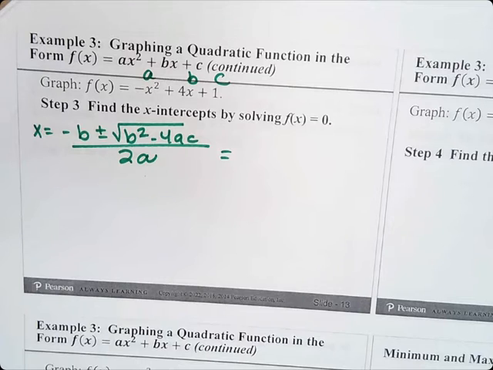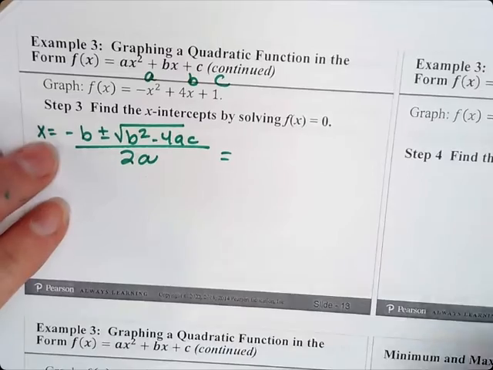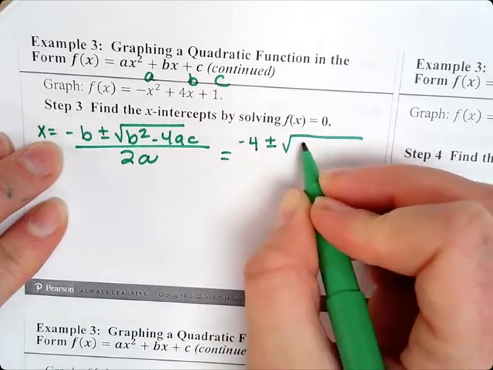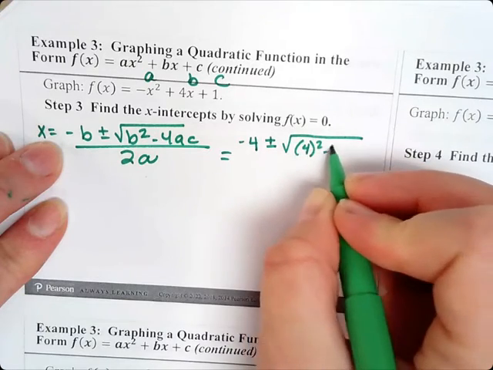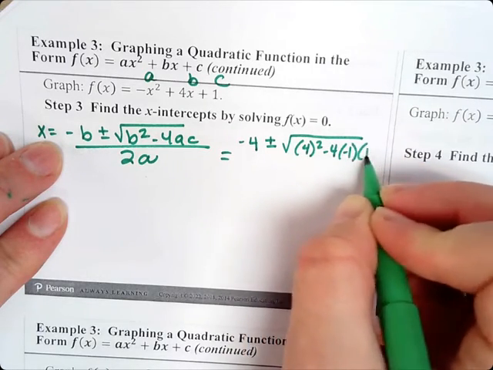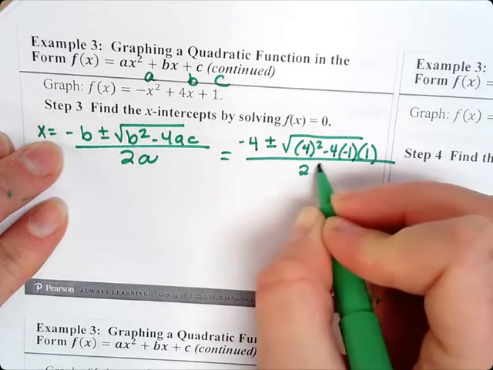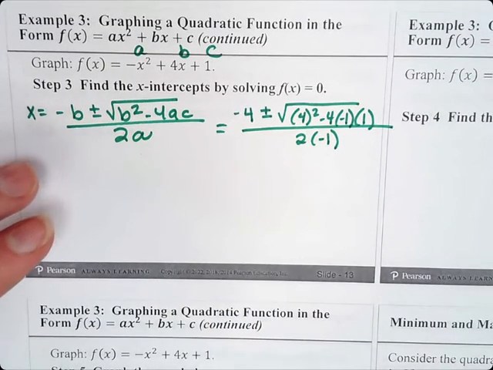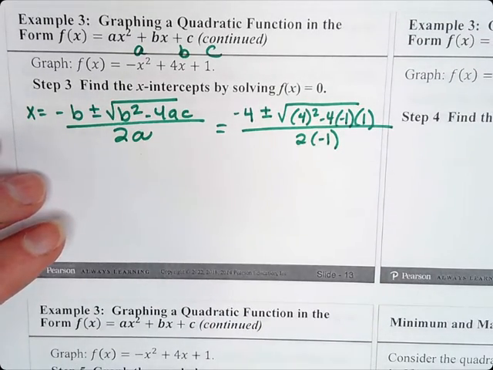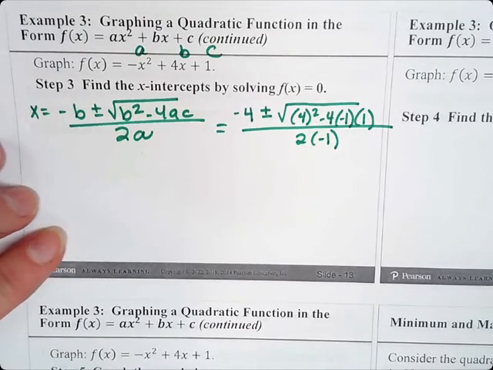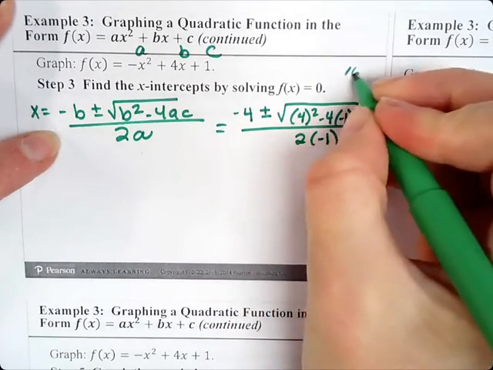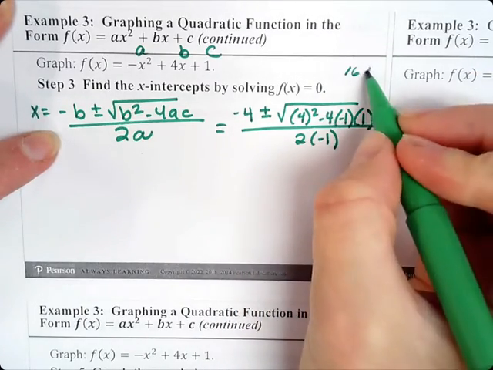See how you do. So this would be 16, and then negative, negative, so plus 4.